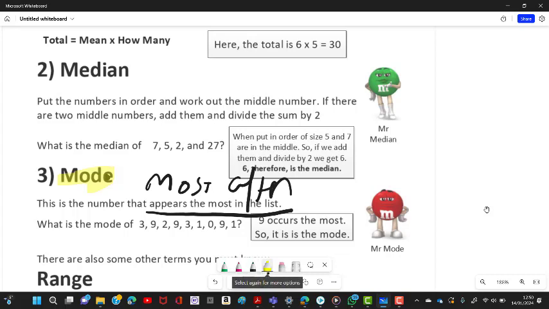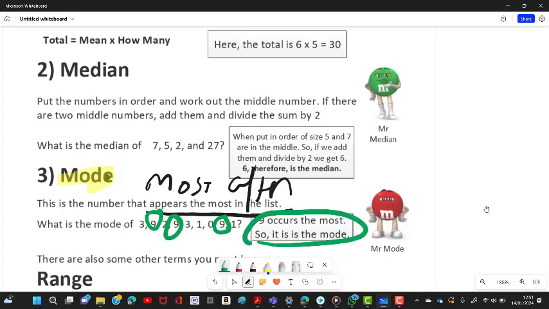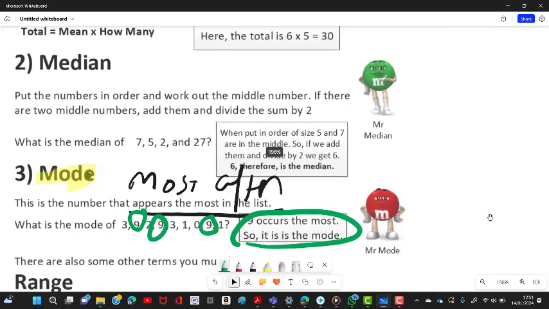If you look at the one that appears the most, it is 9. 9 appears 3 times. 3 only appears twice. 1 appears twice. So the number that appears the most is 9. So we say the mode of that series is 9. Nice and easy. Okay, so that's mode.